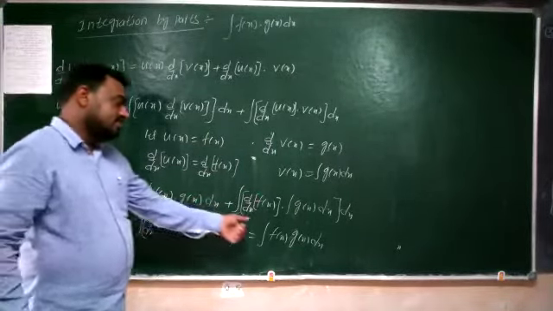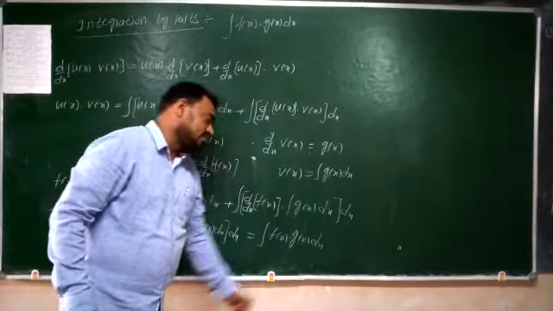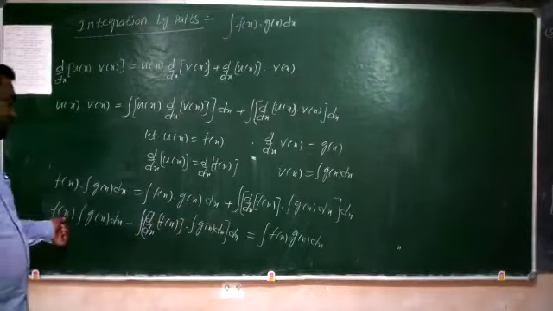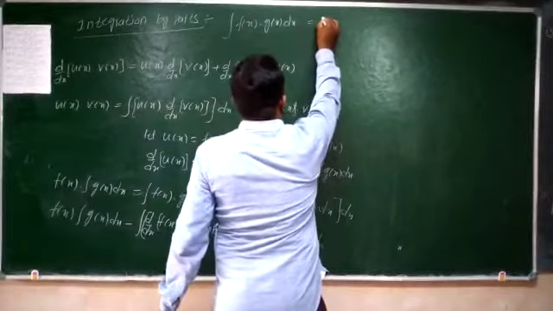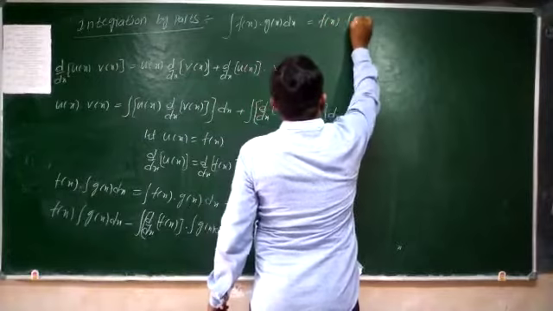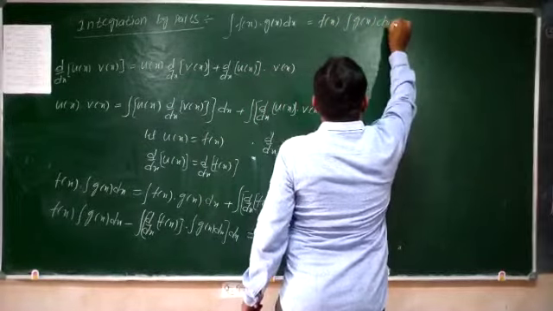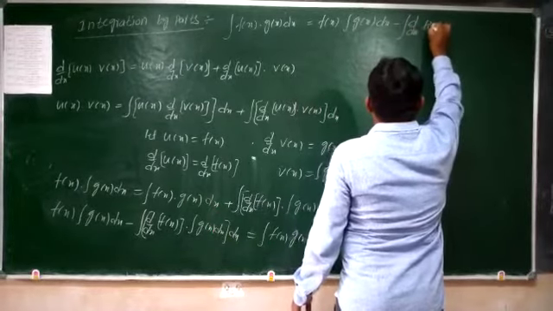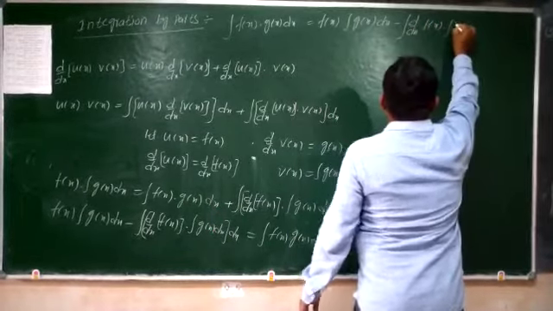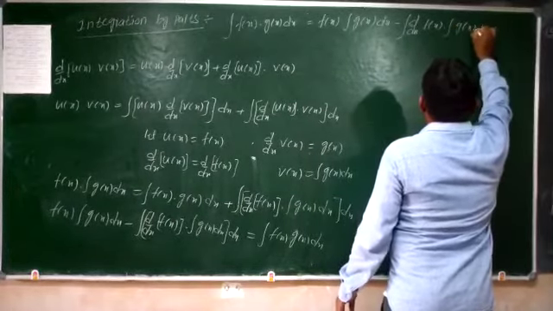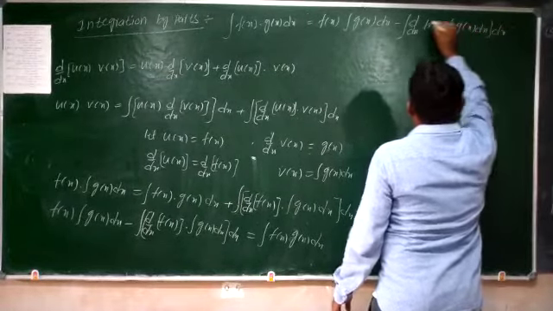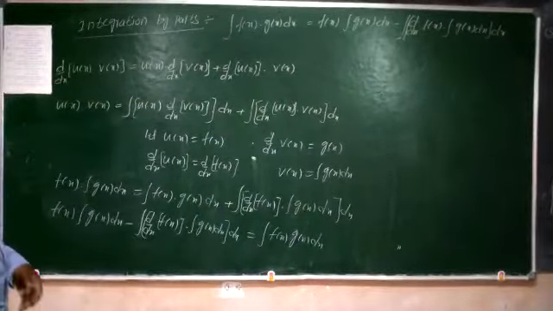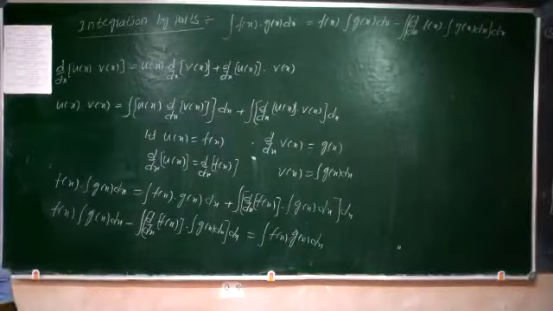So finally, integration of f of x into g of x dx is equal to f of x into integration of g of x dx minus integration of d by dx of f of x into integration of g of x dx whole dx. This is the formula for finding the integration of a product of two functions.